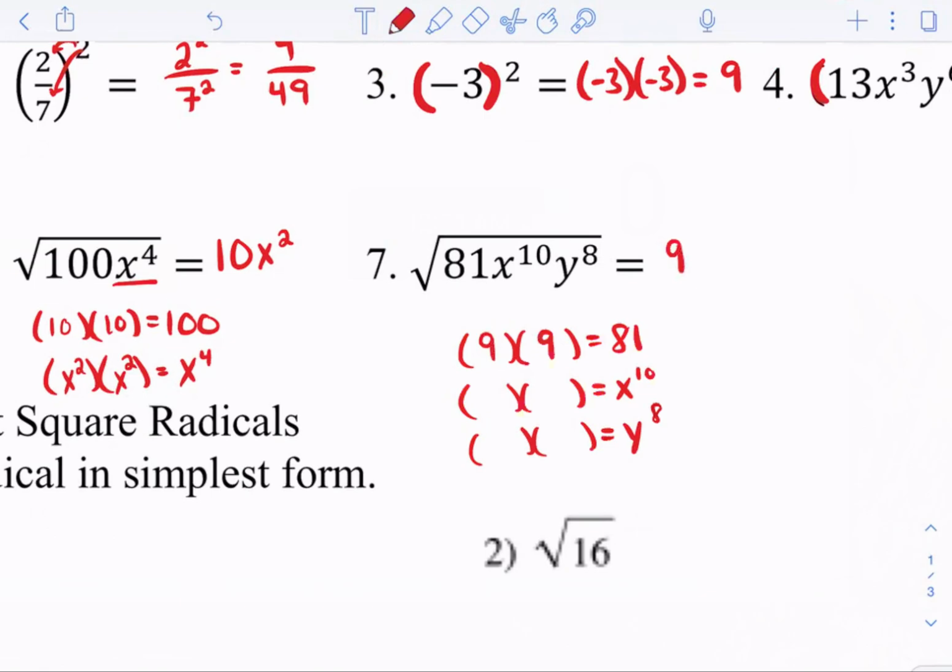The square root of x to the 10th is x to the 5th, because 5 plus 5 is 10. And then the square root of y to the 8th is y to the 4th, because 4 plus 4 is 8.